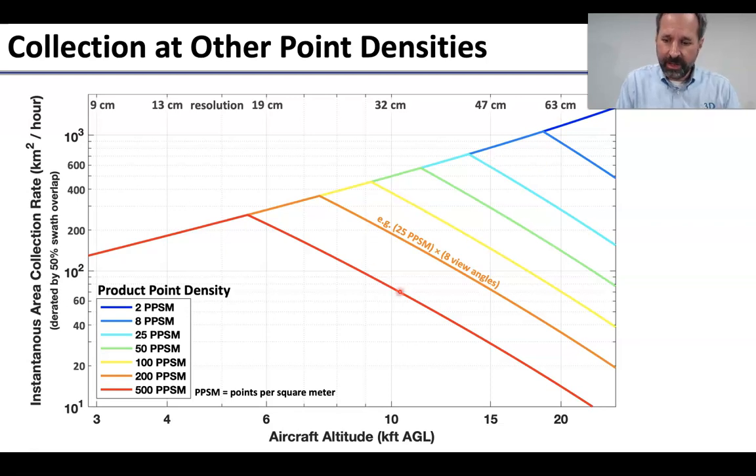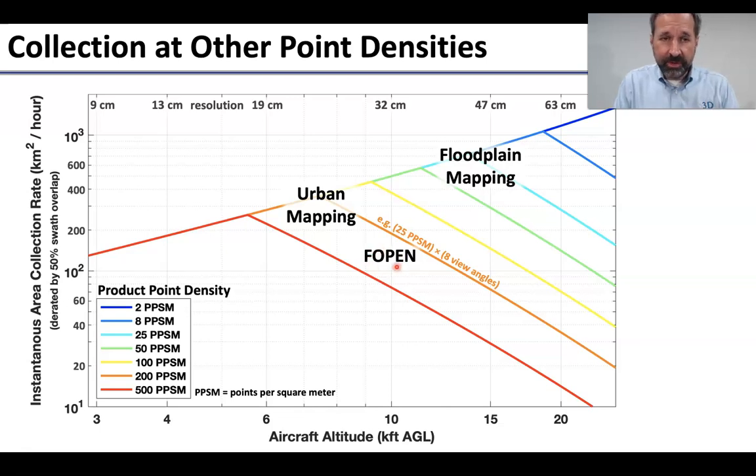On the other hand, if you're trying to do foliage penetration to look for people under canopy, you want to do a really good job of high resolution and a lot of points. And so you operate more like down here. Again, the flexibility of these Geiger mode systems allows you to, with one piece of hardware, do lots of different tasks.